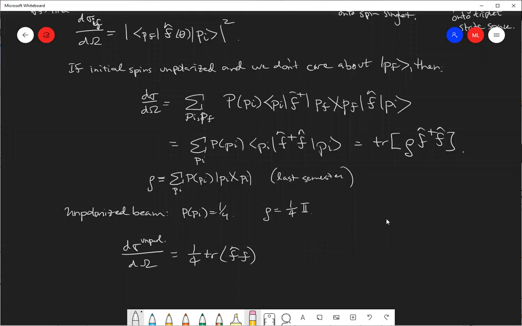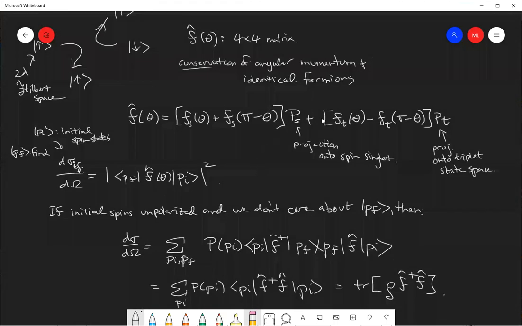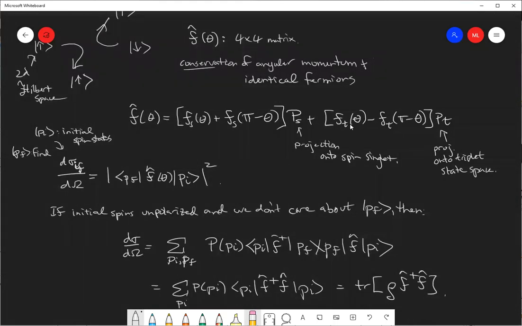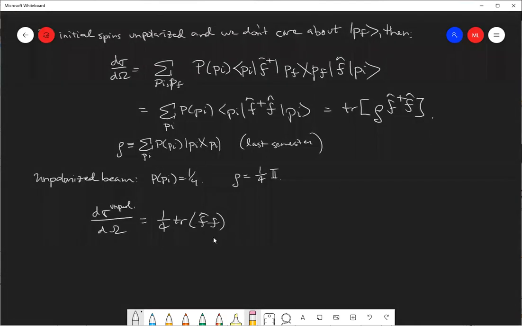So we can go back to our expression for the scattering amplitude matrix, and we can plug in. Oh, sorry, I'm missing a dagger here and some hats. So we can plug in, right? So what would we get?